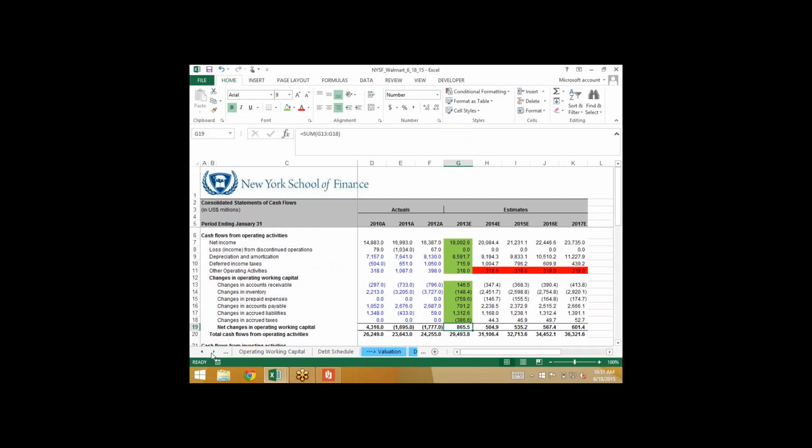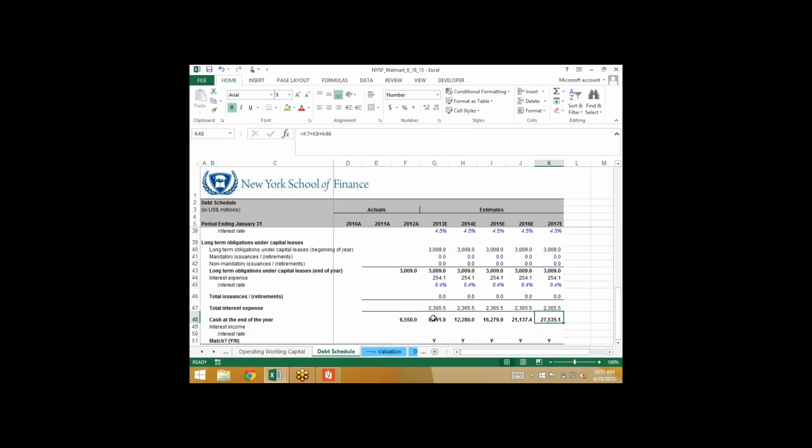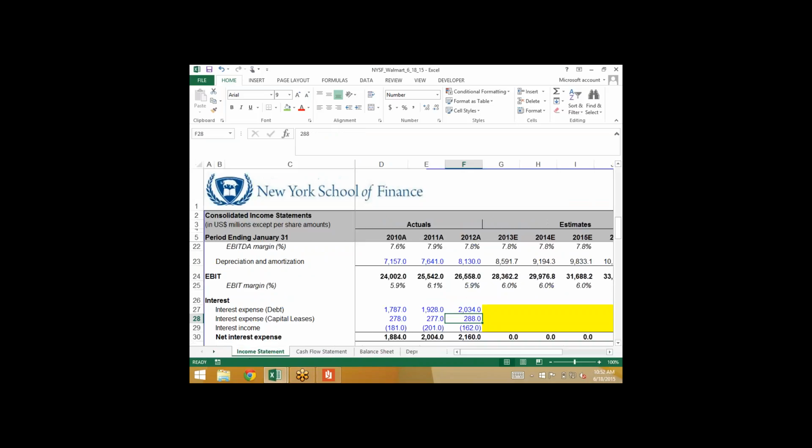Now we can link on the debt schedule the interest expense into the model, into the income statement. So notice the one exception is we're not going to link total interest expense in because they've broken up interest expense into two pieces. So we're going to separate it also. So I'm going to link in the interest expense on the debts and the interest expense on the capital leases.